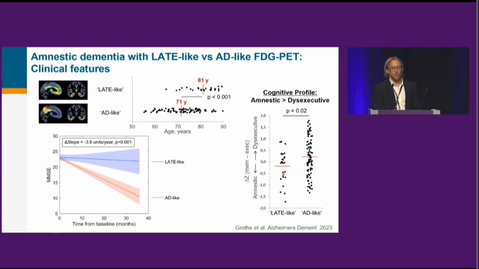They had a more amnestic predominant cognitive profile as indicated by this cognitive profile variable, which contrasts memory scores to executive function scores. And they had similar degrees of cognitive impairment at baseline, but showed a considerably slower disease course over follow-up. So all features consistent with LATE.